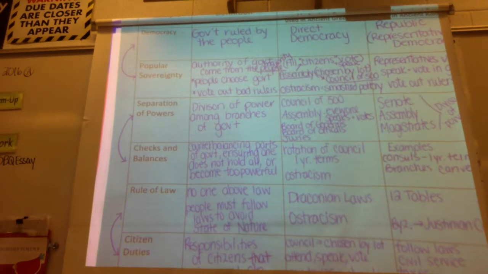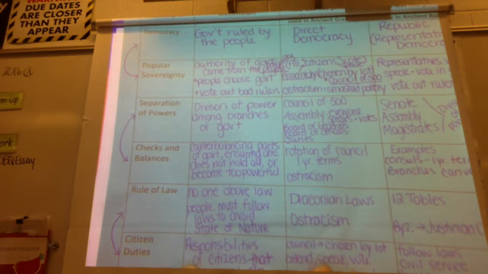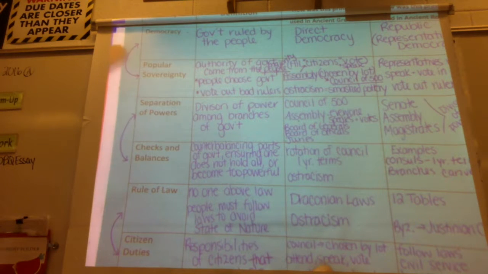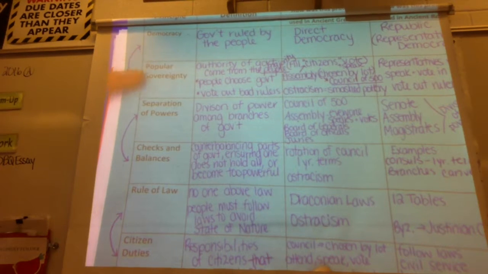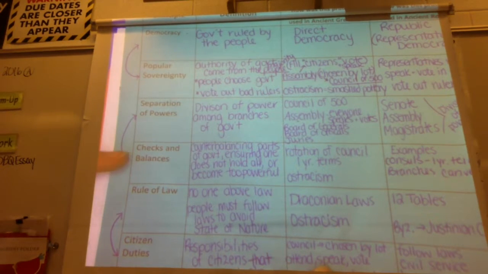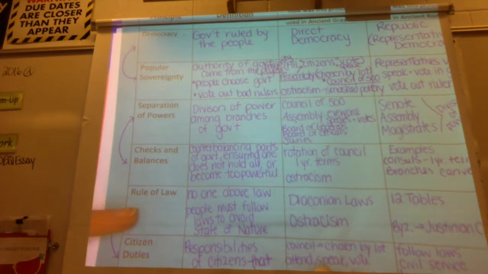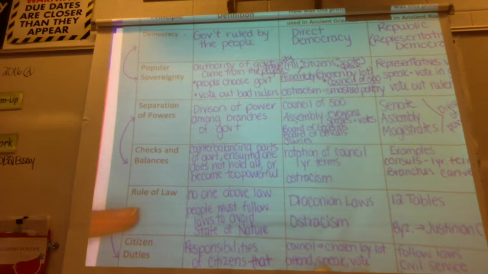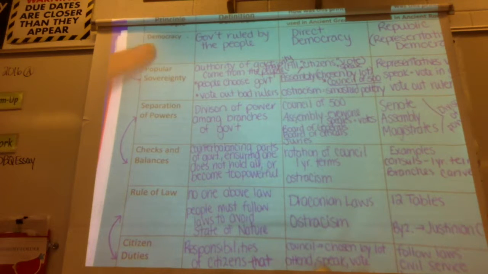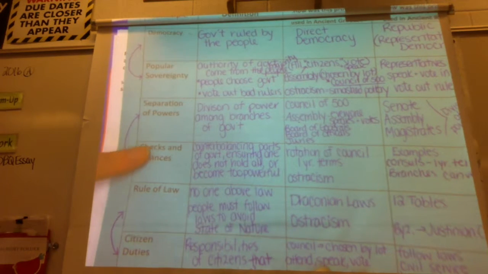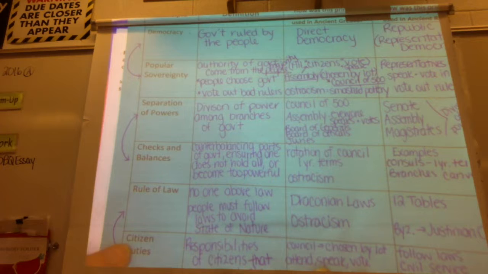These are really separated into 3 chunks that are similar. Democracy and popular sovereignty are quite similar. Separation of powers and checks and balances are quite similar. And rule of law and citizen duties are quite similar. So I encourage you, as you choose what 3 you would like to do, pick 1 from these, pick 1 from these, and pick 1 from these.